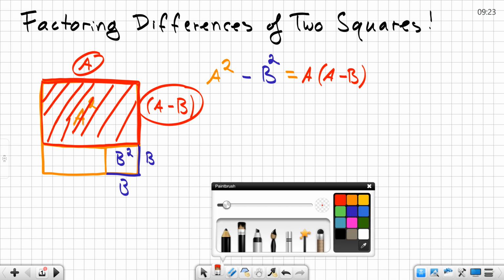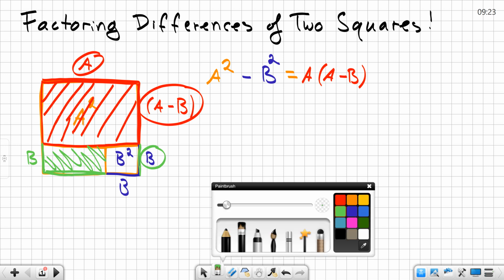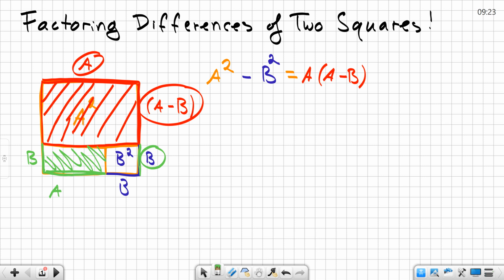All right, now let's have a look at the second piece down here. How much is this going to be? Well, it's going to be this side length right here, which is the same as this side length, which was B, multiplied by this side length down there, which is again the long side, everything minus B. So this side length is A, the long side, minus this short end right here.